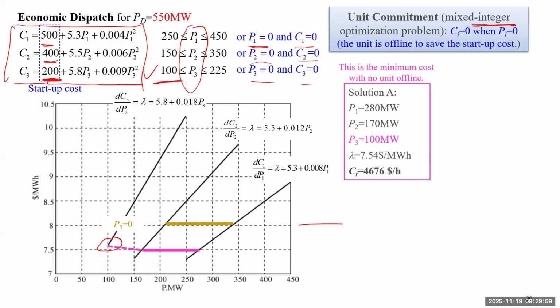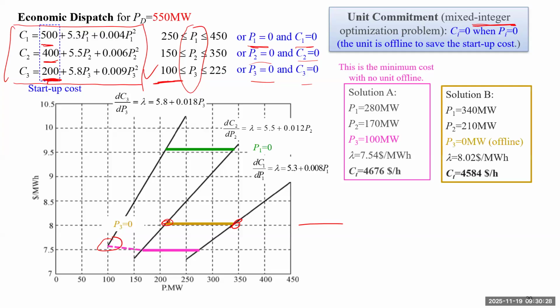So let's first think about if unit 3 is off. Unit 3 is the most expensive unit, so it makes a lot of sense to turn off this unit. If it's off, to solve this problem, you only need to move a line up and down, only intersecting with the first curve and second curve, not the third one. If their total can make up the load, that would be a solution. So here is one solution.